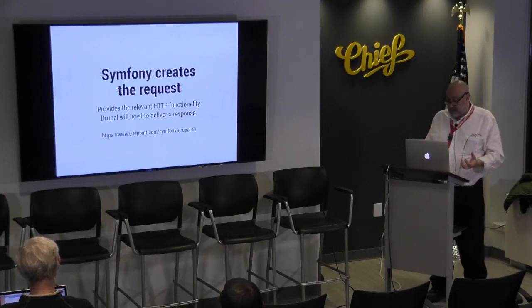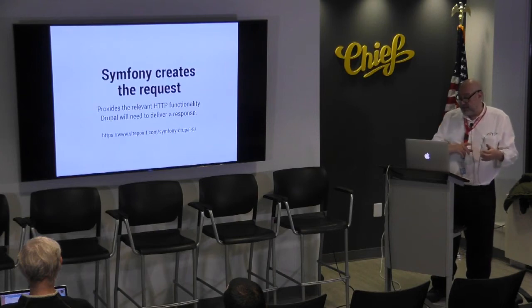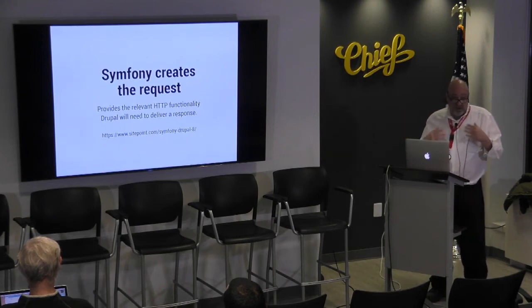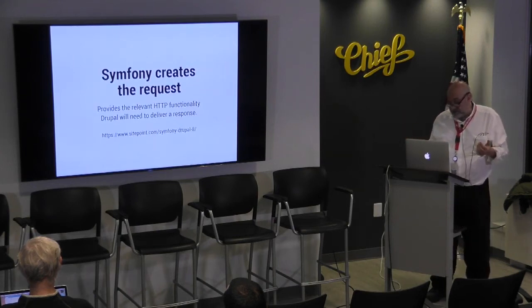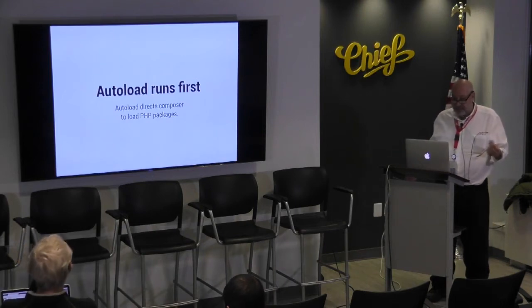But that's the Symfony gets it on the front end, passes it to Drupal, and then it comes back from Drupal to Symfony to Apache. So it just does a complete U-turn, but it goes through some changes in the process. All right, so one of the things that happens is this autoload. Autoload directs Composer to get the PHP packages.